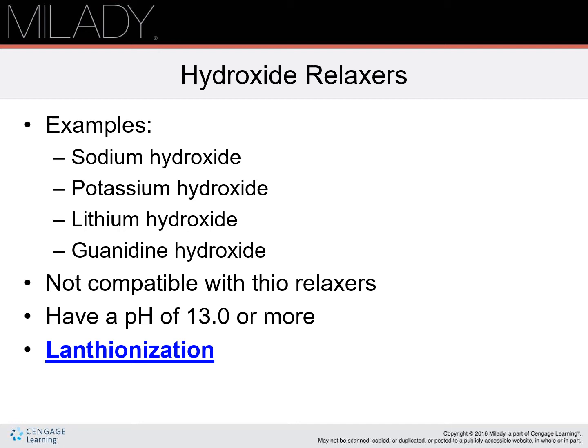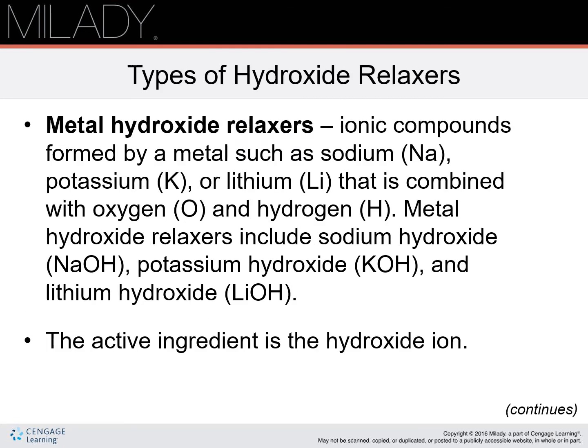Lanthionization. This is a process by which a sulfur atom is removed from the disulfide bond and converted into a lanthionine bond. The disulfide bonds that are broken by hydroxide relaxers are broken permanently, and they can never be reformed. So, different types of hydroxide relaxers.